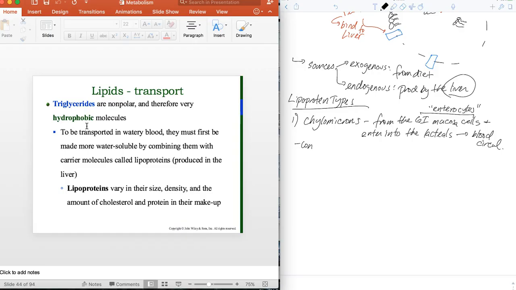Content-wise, in other words, what's inside of these structures, they tend to have a lot of triglycerides. So TGs are triglycerides. And their role is to deliver a lot of these fatty acids to adipocytes, so you can get some fat storage.